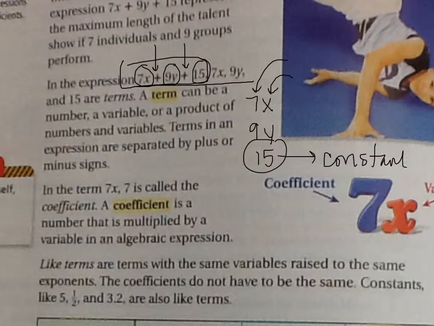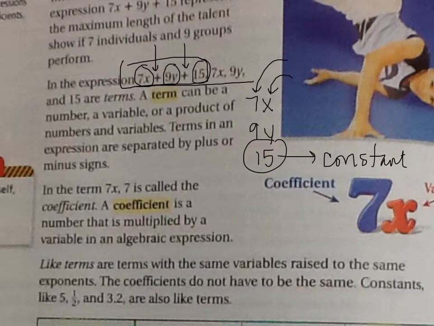Now, you can only combine terms that are alike. What I mean by this is constants can go with constants, y's go with y's, x's go with x's, a's go with a's. Whatever your variable is, you can only combine it with terms that have the same kind of variable. If it does not have a variable, like the 15, it can only be combined with a constant, just like itself.